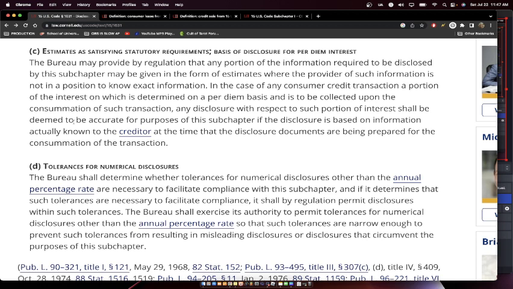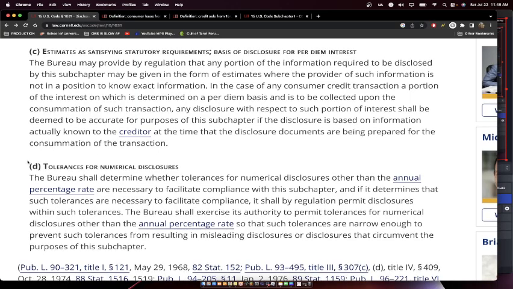In the case of any consumer credit transaction, a portion of the interest on which is determined on a per diem basis and is to be collected upon the consummation of such transaction, any disclosure with respect to such portion of interest shall be deemed to be accurate for purposes of this subchapter if the disclosure is based on information actually known to the creditor at the time that the disclosure documents are being prepared for consummation of the transaction.